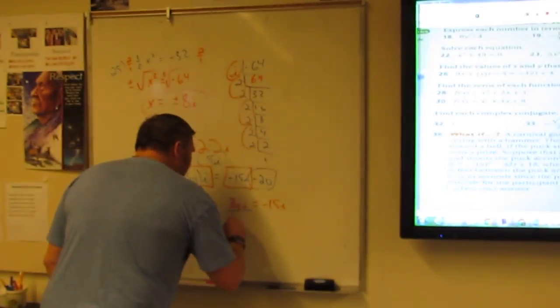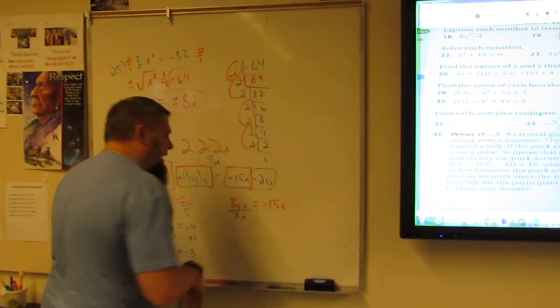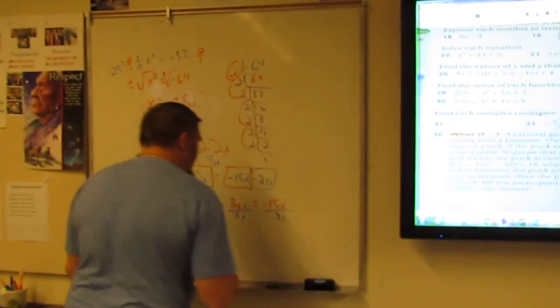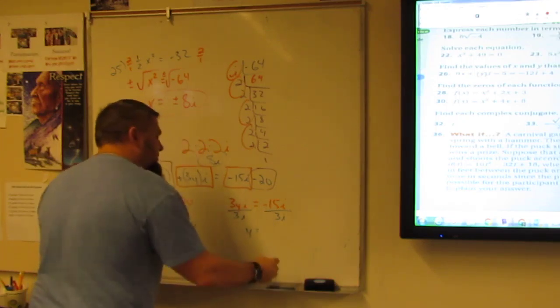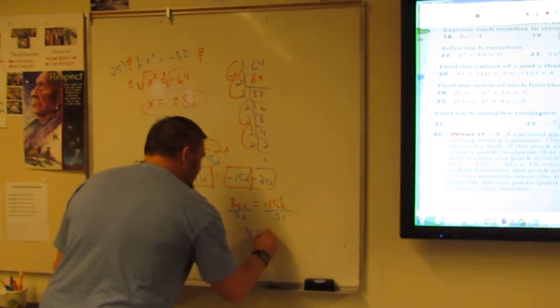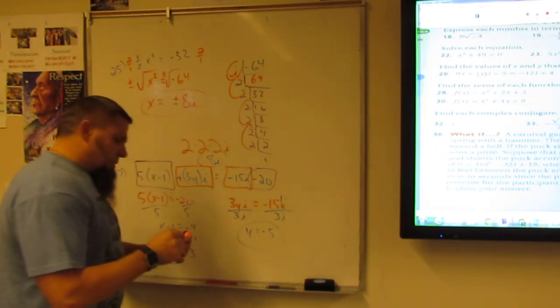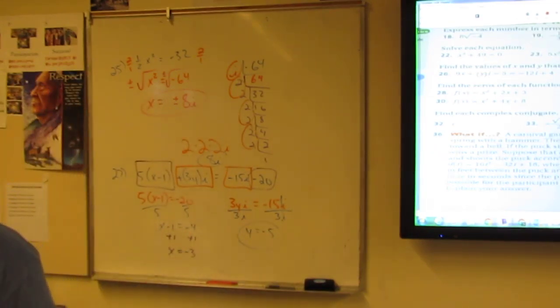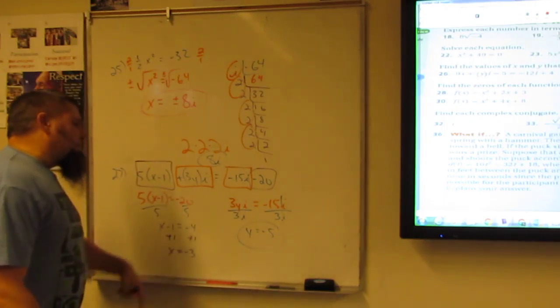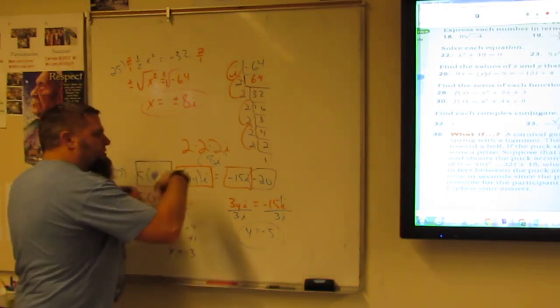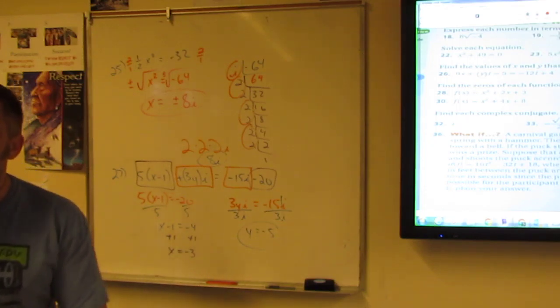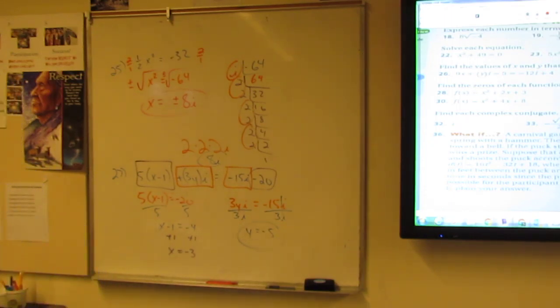Divide this by 3i if you like, and then divide this by 3i, and you get y is equal to, the i's cancel, -5. And so y has to be -5, and x has to be -3 for this equation to be valid.